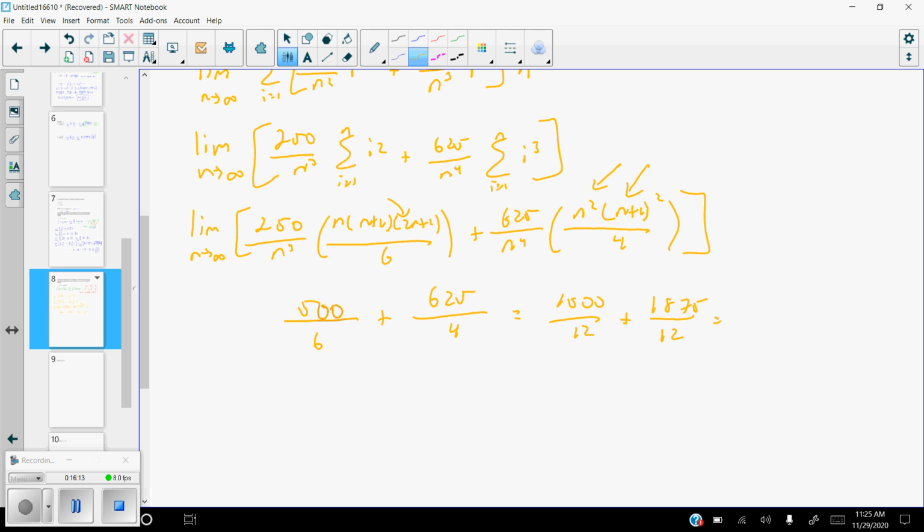So we should get 2875 twelfths. And that would be the exact area. I don't think that reduces. 3 does not go into both of them. So that's it. That's reduced as much as possible.